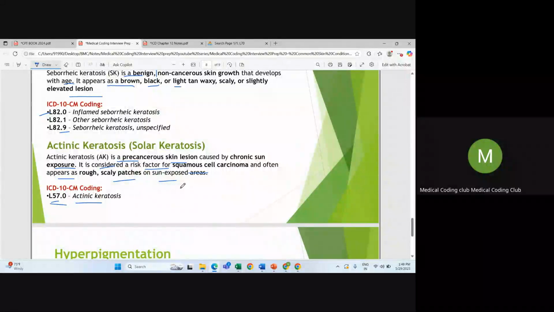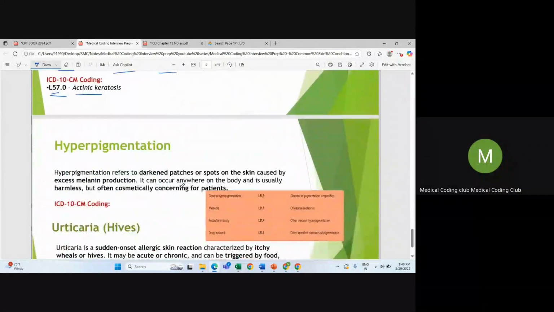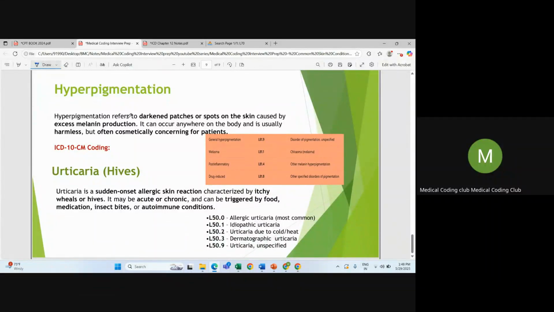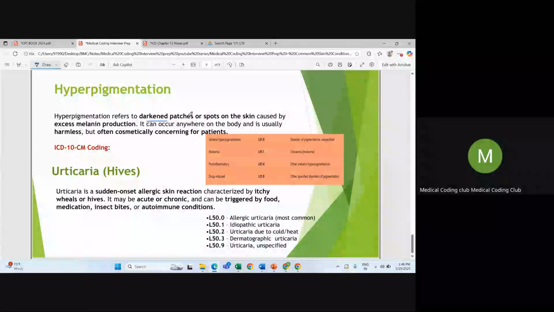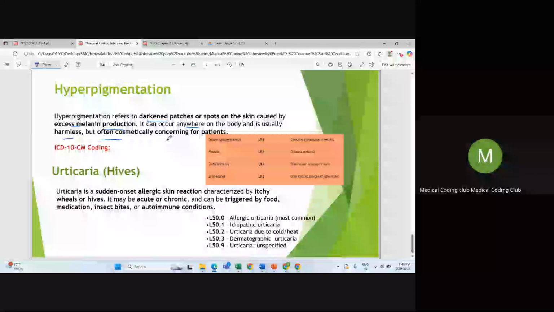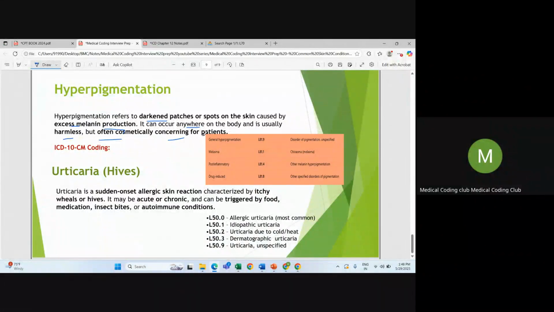And next one is hyperpigmentation. So hyperpigmentation refers to darkened patches or spots on the skin caused by excess melanin production, and it can occur anywhere on the body, and it is usually harmless but often cosmetically concerning for the patient.